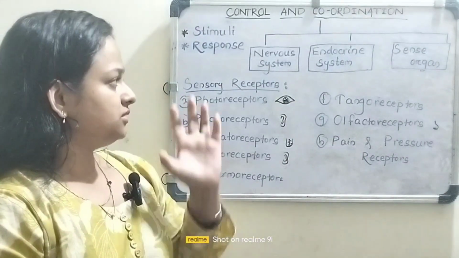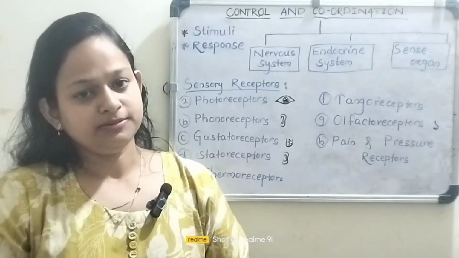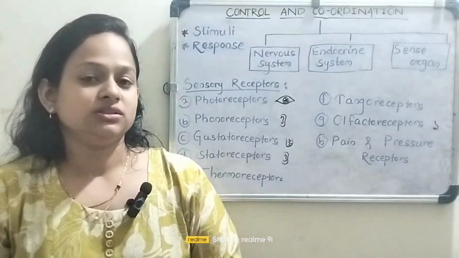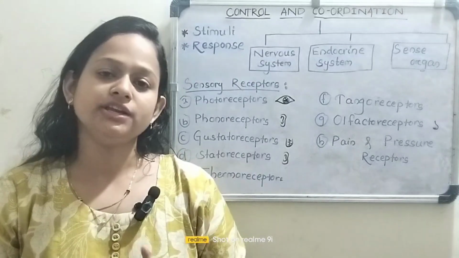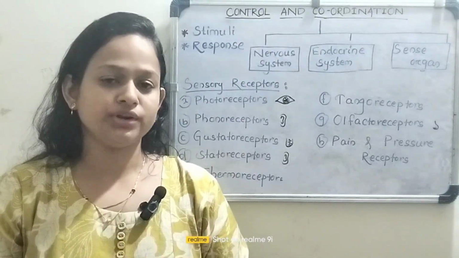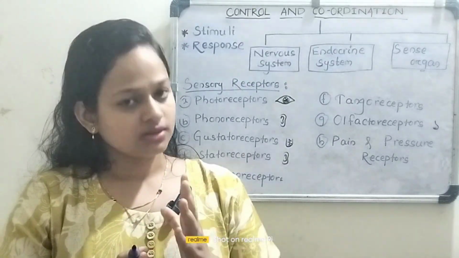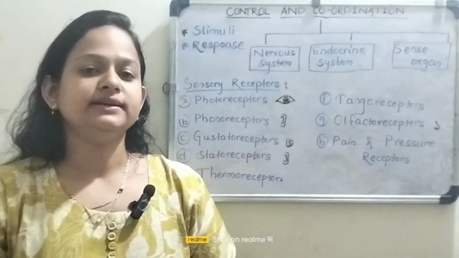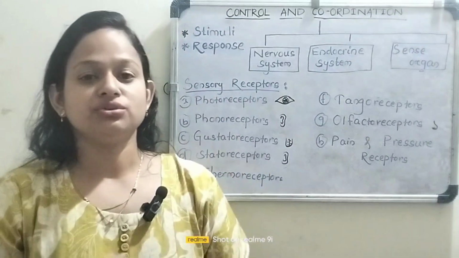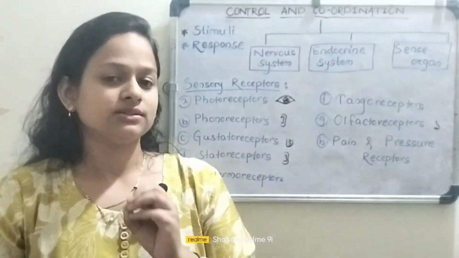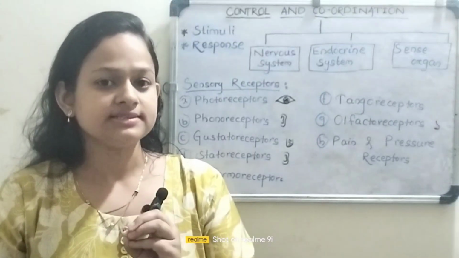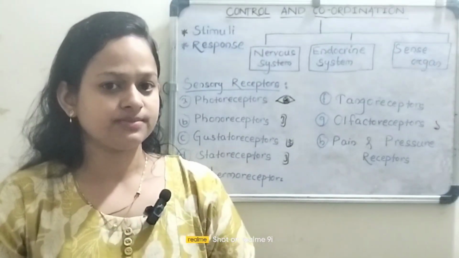So the nervous system in animals. The nervous tissue and muscular tissue carry out the process of control and coordination in case of animals. And this nervous system consists of specialized types of cells, known as nerve cells, which are known as neurons.